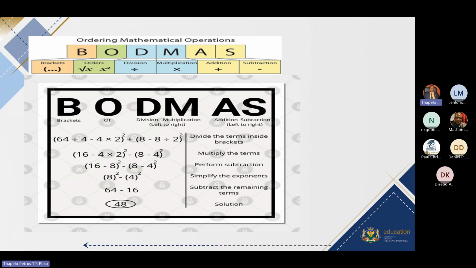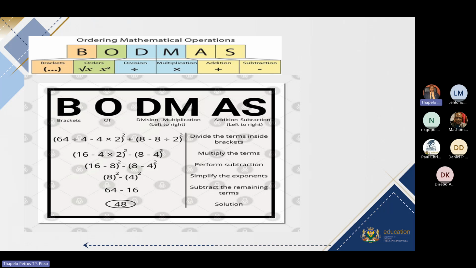Remember, in mathematics, in life, you always have rules. Our rules of driving in mathematics is BODMAS. When you start working out calculations, you start first in the brackets. And then you'll be going to your orders, in other words, the squares, the exponents, the cube root, the square root.